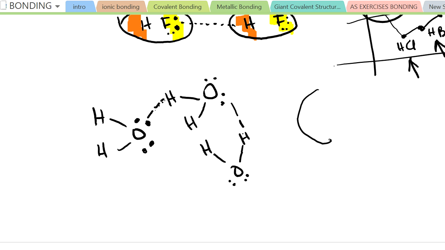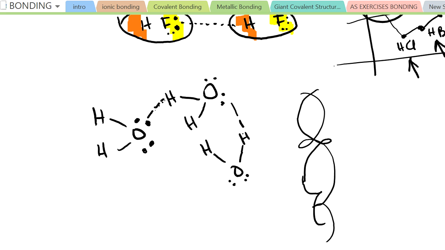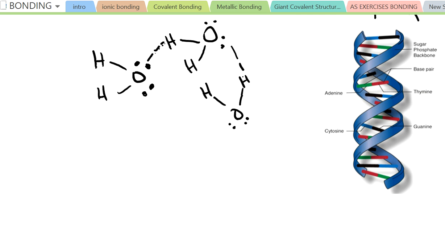Because when you have the double helix, and I don't know how to draw the double helix, okay? So I'm going to do my best. So when you have the double helix, they don't touch each other. Let me erase this. Now that I have a very good picture of this, I can explain to you that these here are covalent bonds between the atoms, but these here are hydrogen bonds.